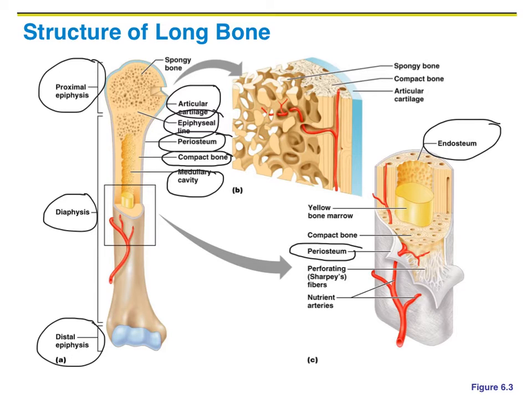Structures that secure the periosteum to the dense compact bone are referred to as perforating fibers or Sharpey's fibers. Notice the difference between compact bone, which is very dense and composed of structural units known as osteons, versus spongy bone, a very porous type of bone, looks like honeycombs, composed of trabeculae.